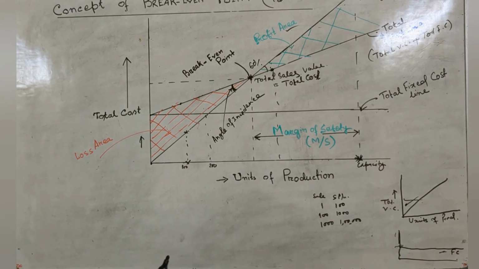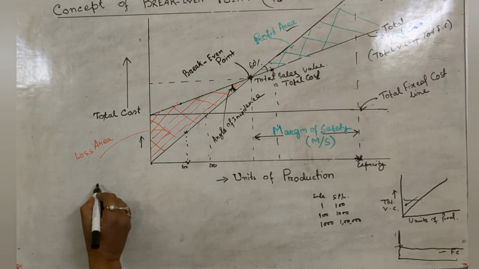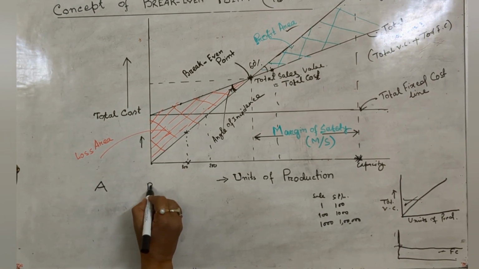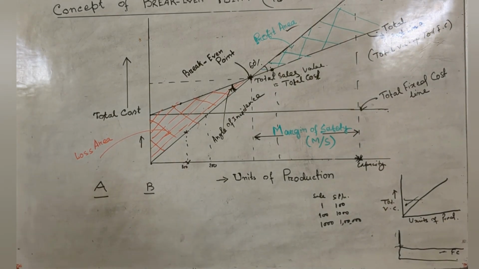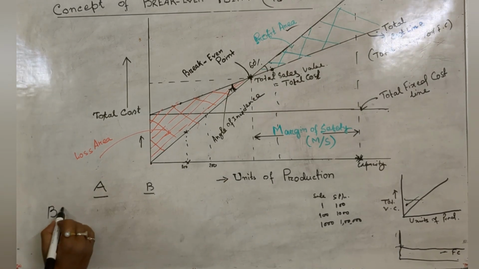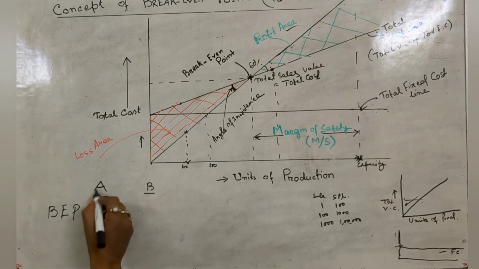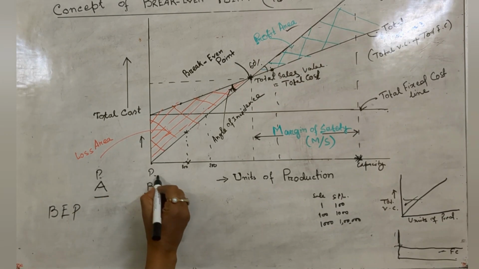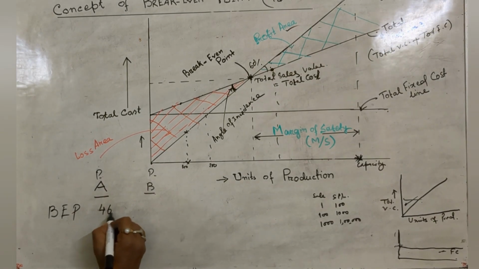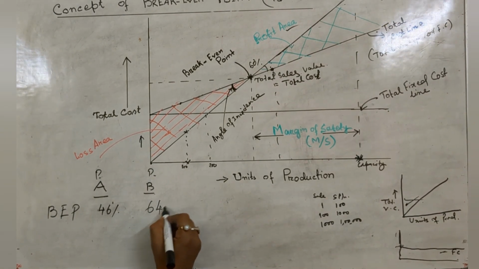From this information, so many decisions can be taken. Suppose the financer, who finances loans to new projects, projects A and project B, always calculates the break-even point for both projects. Say for this project A, the break-even point is 46% and for this project B it is 64%.